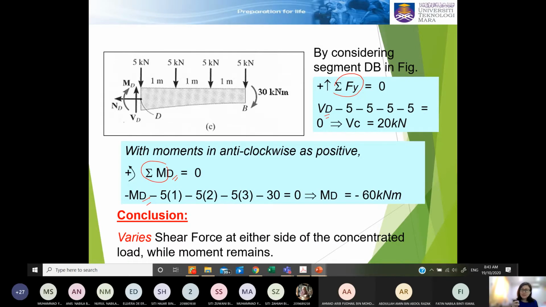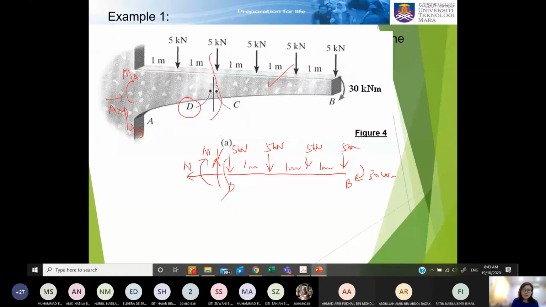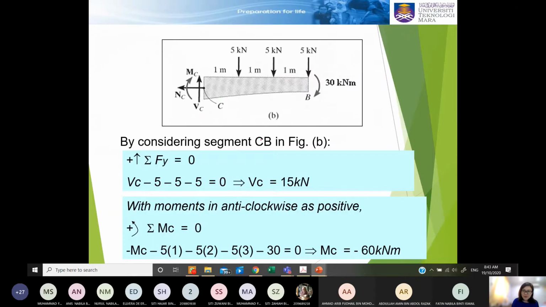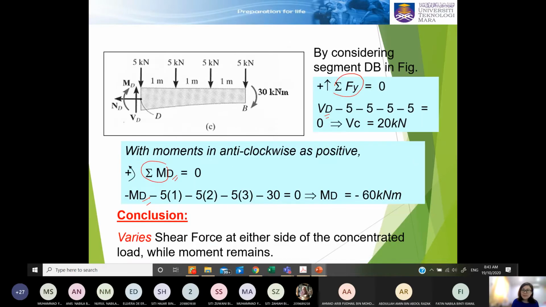Even though C and D are actually at the same point, one is looking before the 5 kilonewton and one is after the 5 kilonewton. If you can see the result here, VC after the 5 kilonewton is 15 kilonewton, and VC before the 5 kilonewton is 20 kilonewton.